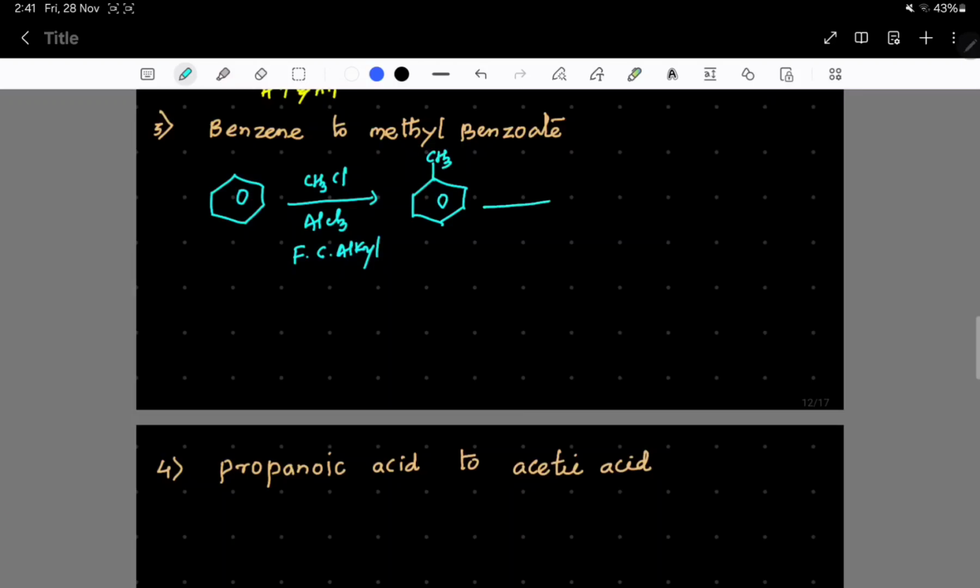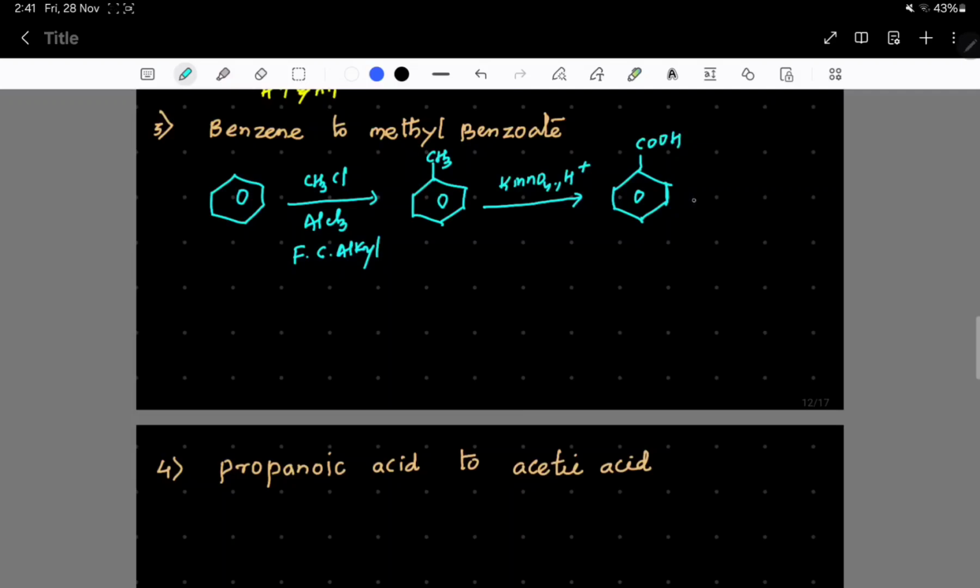Now this methyl benzene on oxidation using KMnO4 under acidic conditions, or hot KMnO4, will give, in this side chain reaction, the benzylic carbon converted into acid, the COOH.